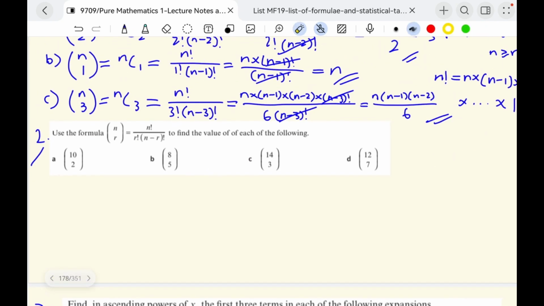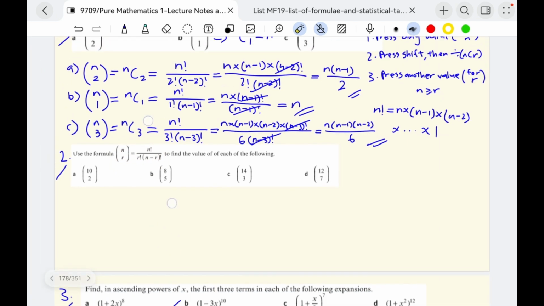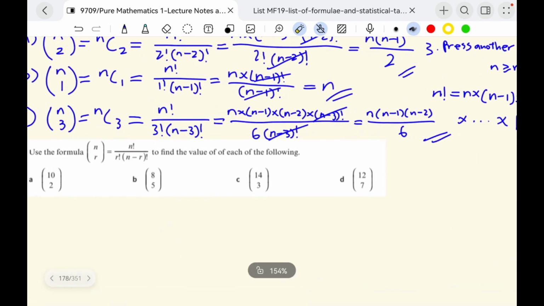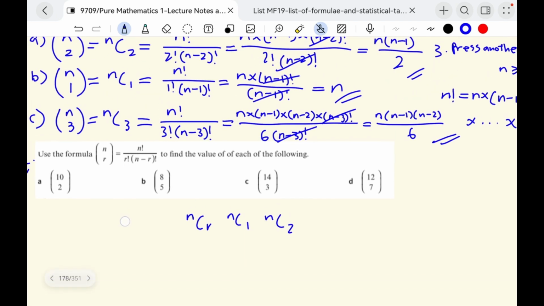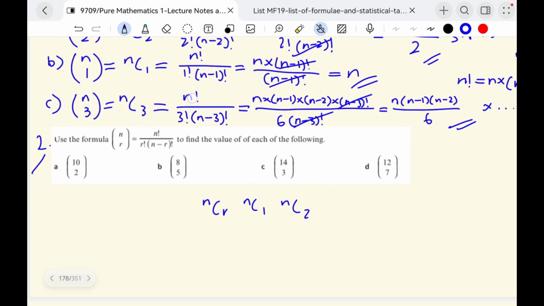Use the formula of this to find the values of each of the following, but we don't have to perform the steps. In the exam, you just need to write nCr, like nC1, nC2. That is enough for you to obtain the full marks for the binomial expansions.